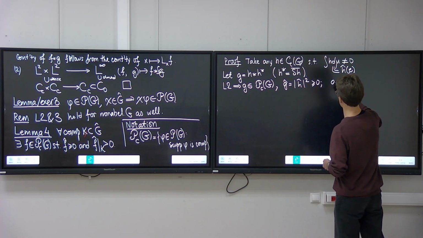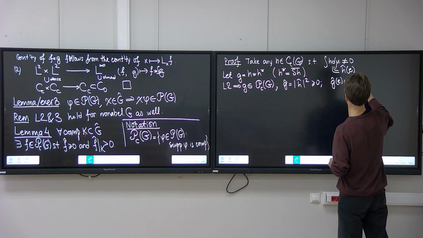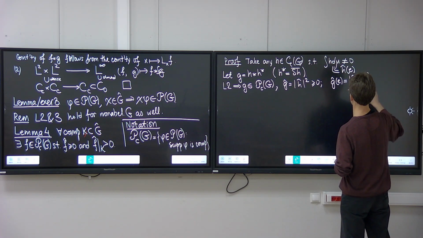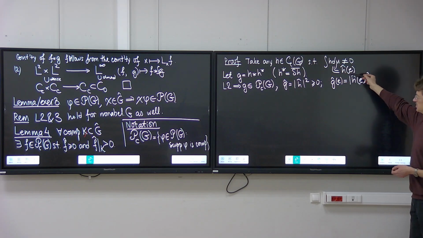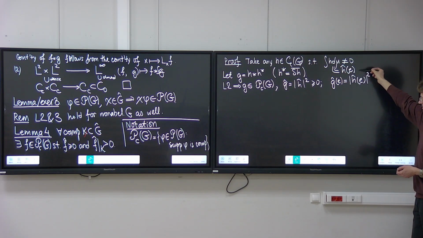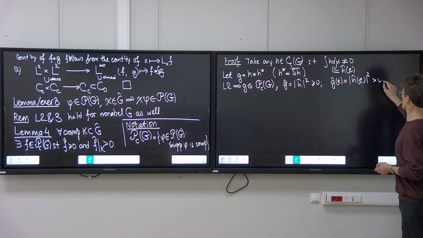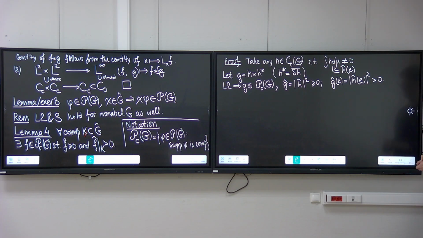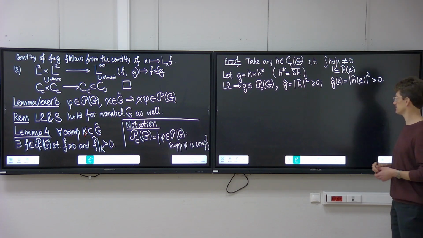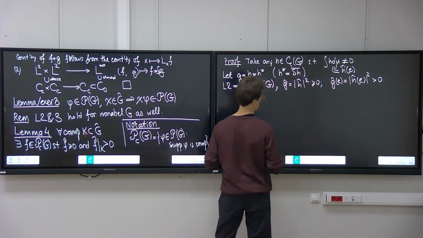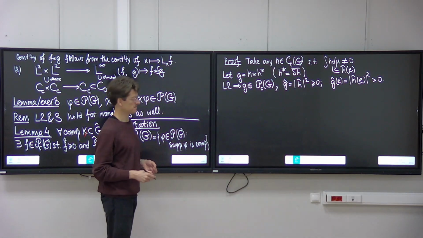And if we evaluate at the identity, this is h hat evaluated at the identity, squared. This is strictly positive because this is non-zero. But g hat is continuous, so it will be strictly positive in a neighborhood of the identity.